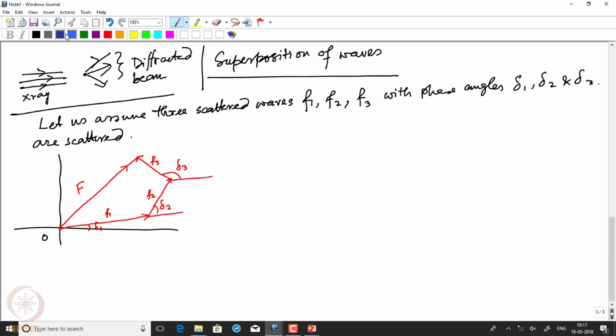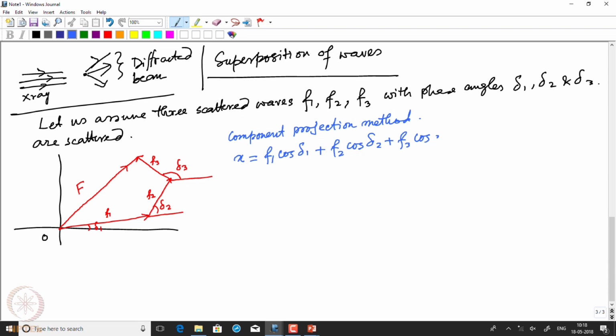Now if we use the component projection method to do this addition, then the corresponding x component turns out to be F1 cos delta 1 plus F2 cos delta 2 plus F3 cos delta 3, which can be written as a summation over i of Fi cos delta i.